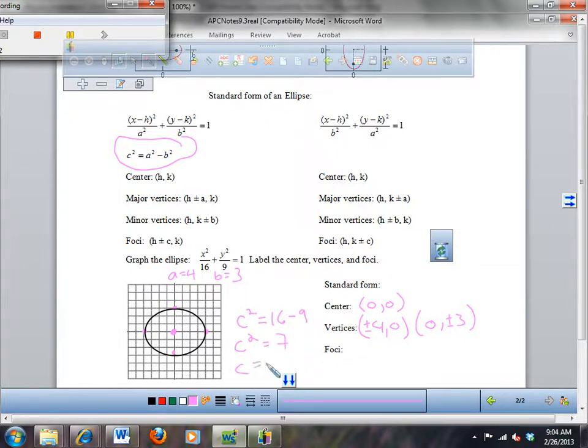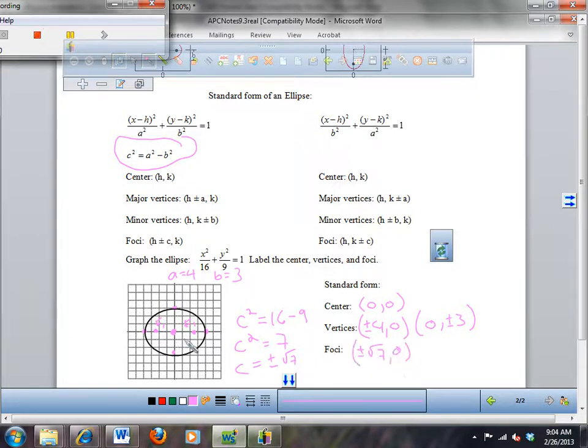So c is equal to plus or minus the square root of 7, which has got to be 2 point something, right? So about here and here. So those are my foci. We'll call this focus 1, focus 2. And so those are going to be at plus or minus square root of 7, 0.